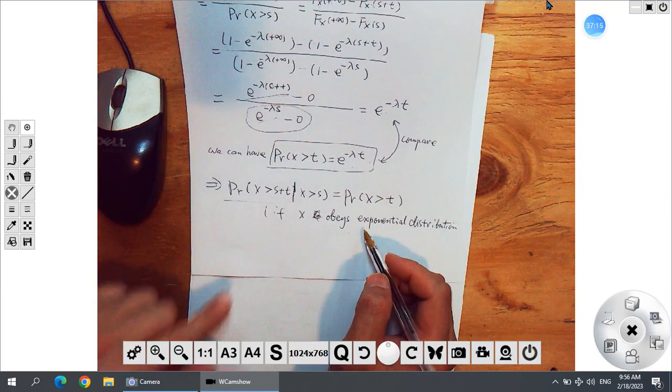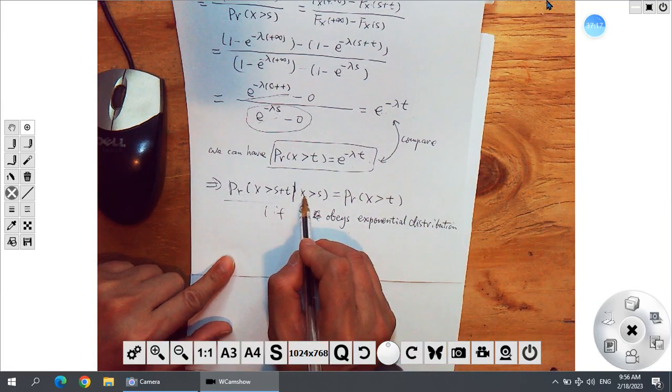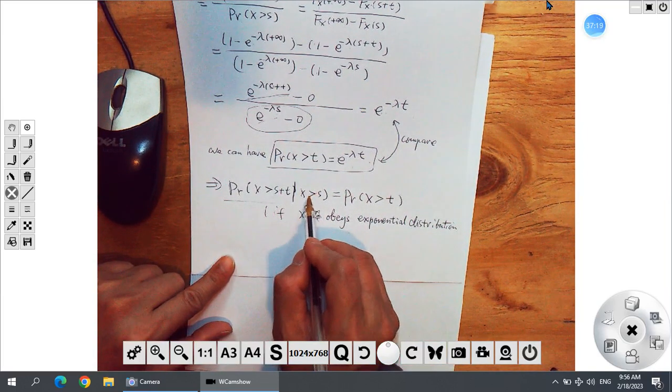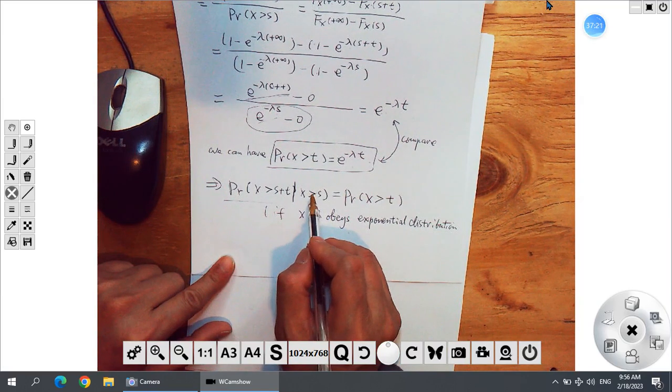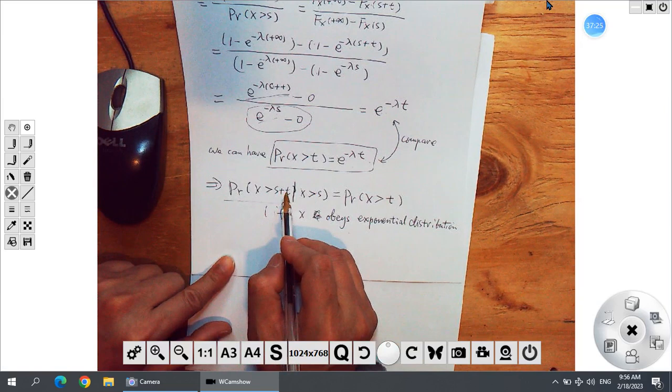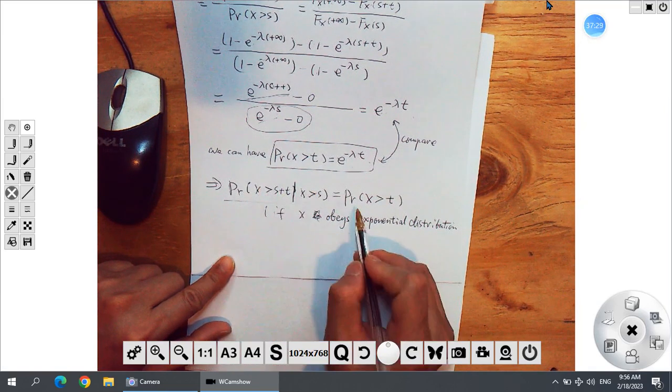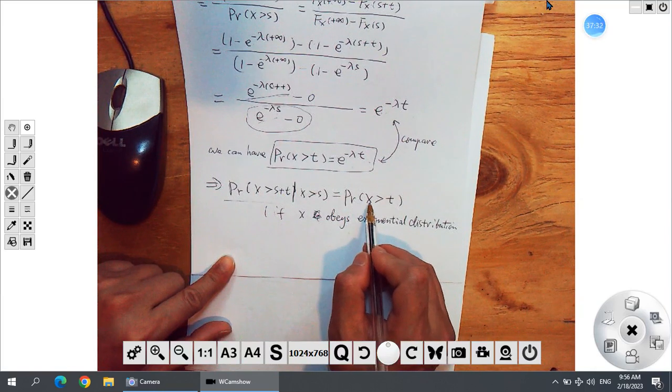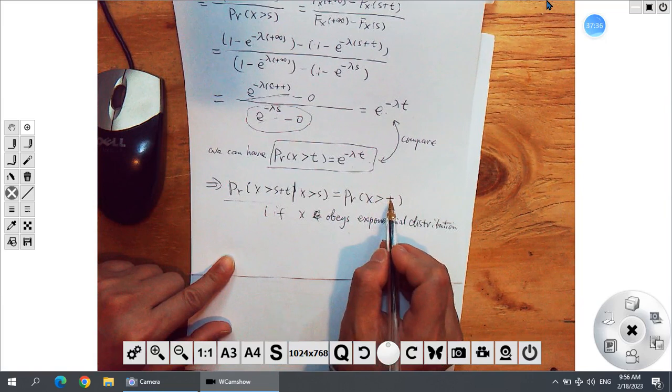You can see if x is already larger than s, then under this condition the probability of x larger than s plus t is the same as the probability of the event x larger than t.